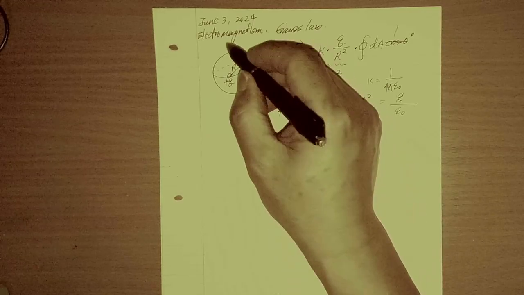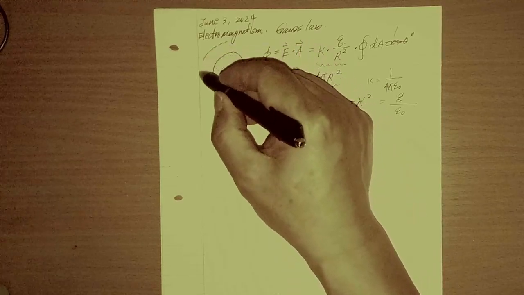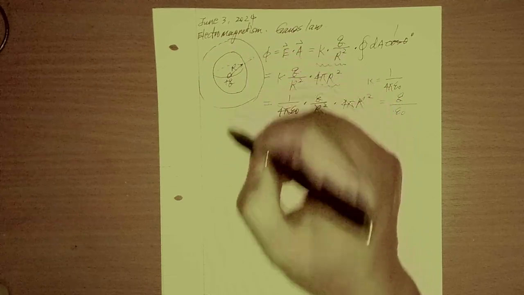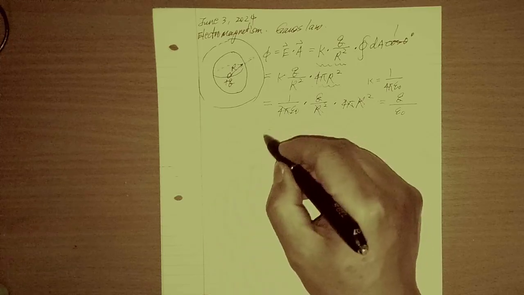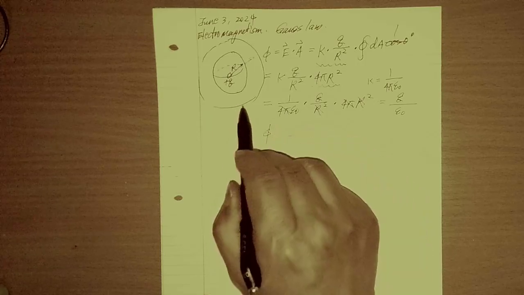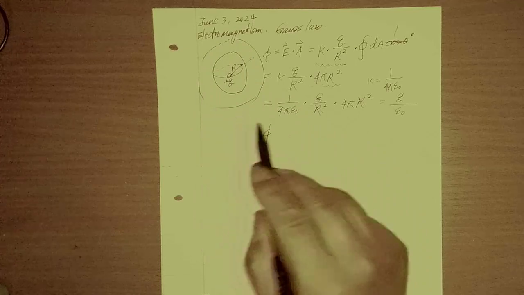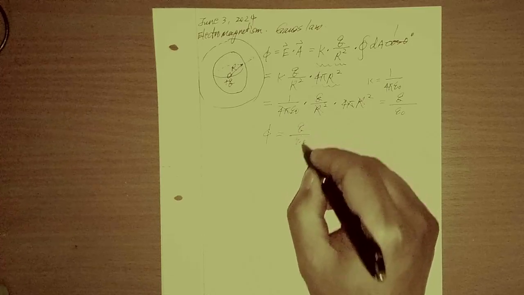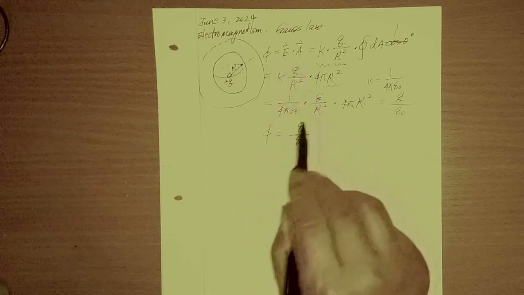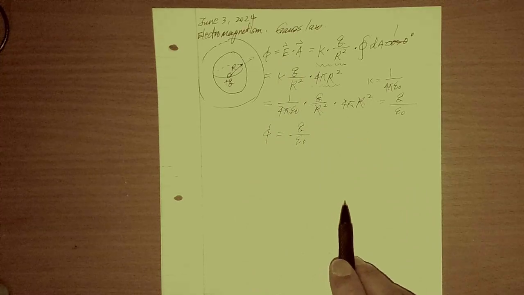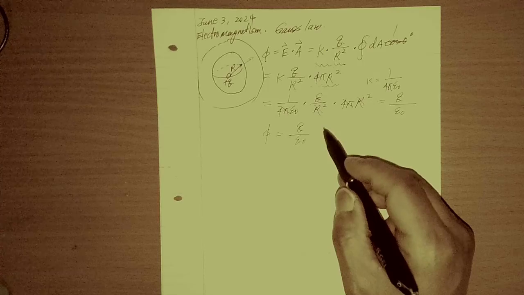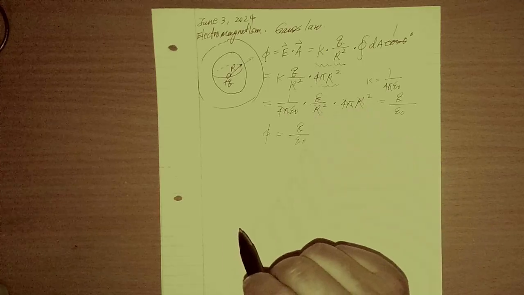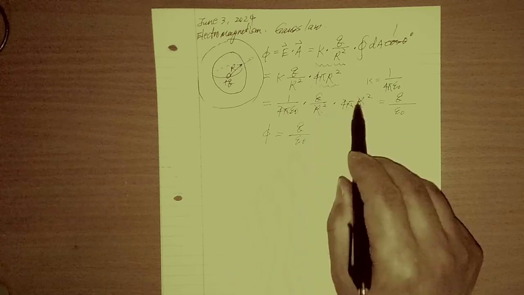That means if we have another sphere around the same point charge, the electrical flux for the outside sphere is also going to be equal to Q over epsilon 0, based on the exact same calculation, since it is independent of the radius of the sphere.